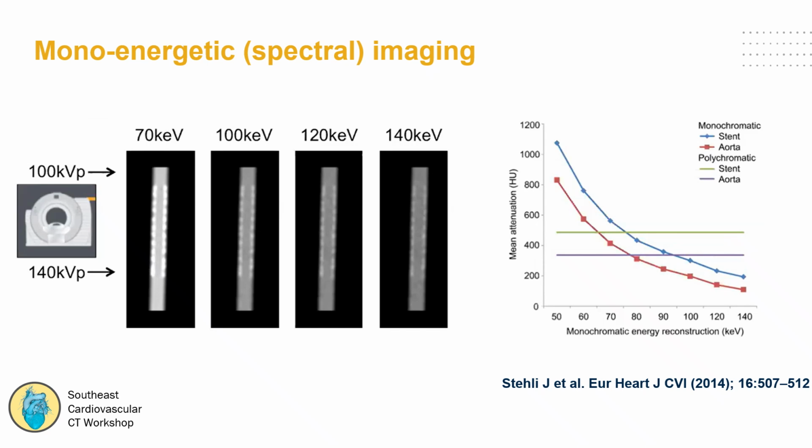One caveat here is that at higher energies, although the lumen visualization improves and there's less blooming, the contrast to noise ratio decreases. So you need to have a better contrast injection, as I emphasized earlier.